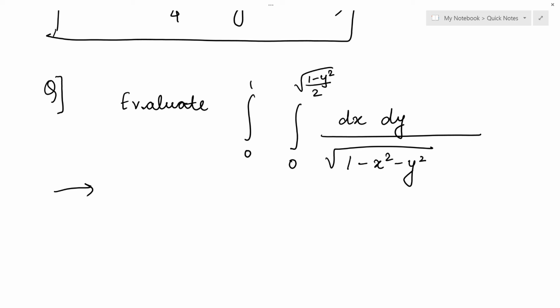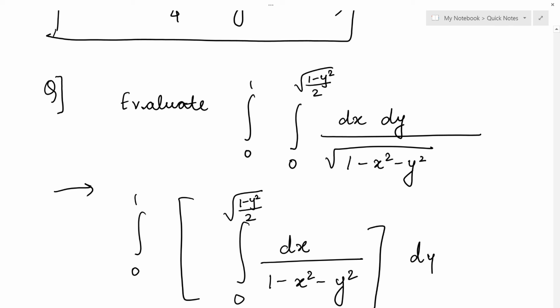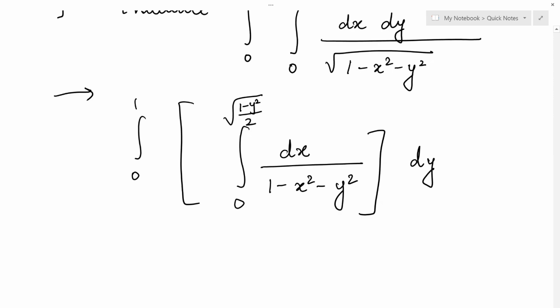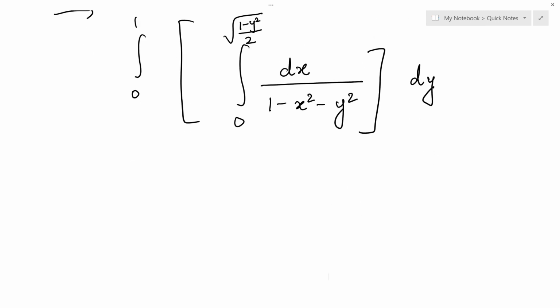Now again, the inner integration limits are in terms of y, so obviously we will integrate with respect to x first. Now a small adjustment you can make.